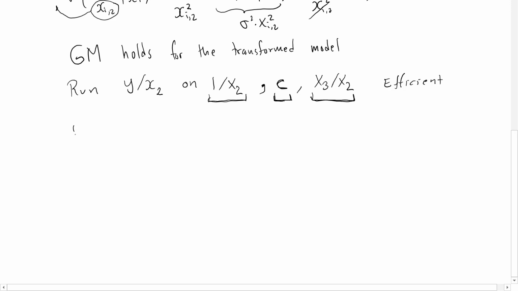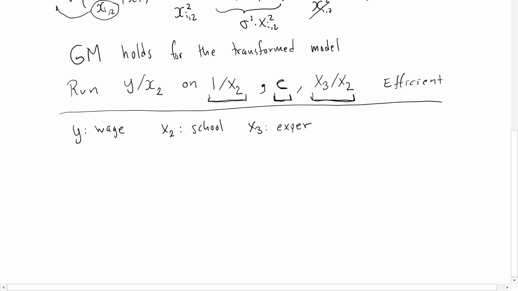So here's a simple example. Let's say that in my original model, my y variable is wage, and I have two x variables. x2 is school, number of years of education, and x3 is experience.